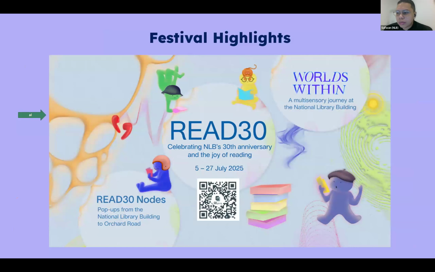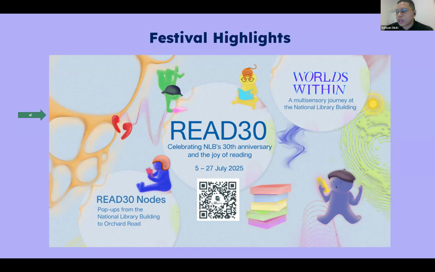And we do have, upcoming this month, the anniversary and the joy of reading, which is Read 30, in collaboration with NLB 30 years. Read 30 is a special edition of a festival celebrating the joy of reading. Immerse yourself in the world of reading, a multi-sensory journey where books come to life through the 5 senses at the Plaza of the National Library building, which is located in Bugis.